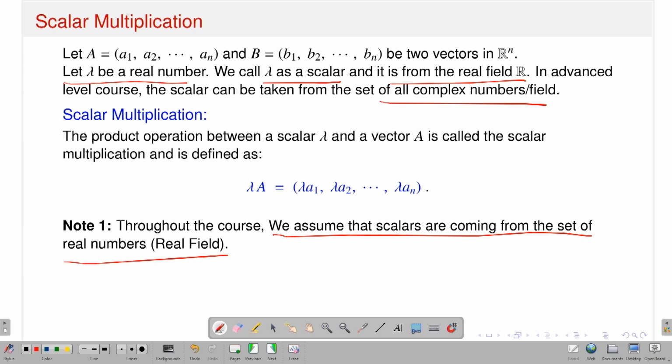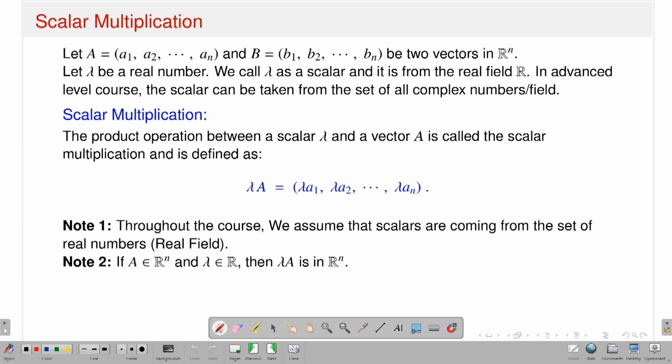The scalar multiplication operation is a product between a scalar and a vector, defined as lambda A equals lambda A1 as the first component, lambda A2 as the second component, up to lambda An as the nth component. That is, each component is multiplied by the scalar lambda. If A belongs to Rn and lambda belongs to R, then the resultant lambda A is also a vector in Rn.